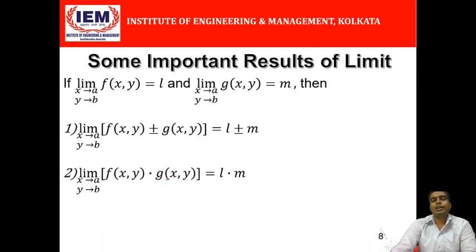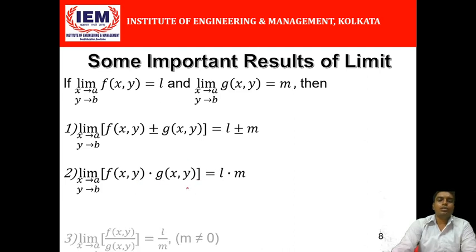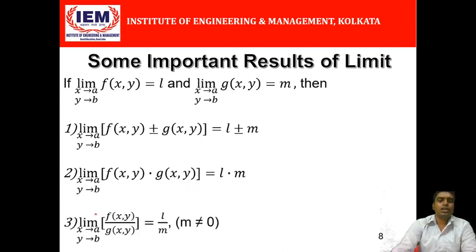Similarly, the same result holds for the multiplication of these two functions, and also for the division. These are the same results as for the single variable, so all the results hold for multiple variables. For the last one, there is a caution: m should not be 0, that is, the limit of g(x, y) should not be 0.